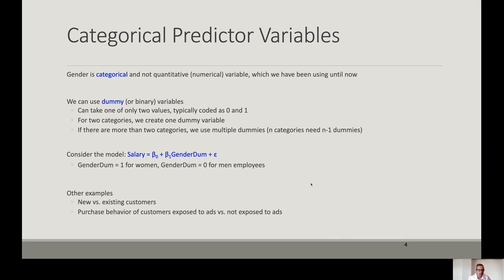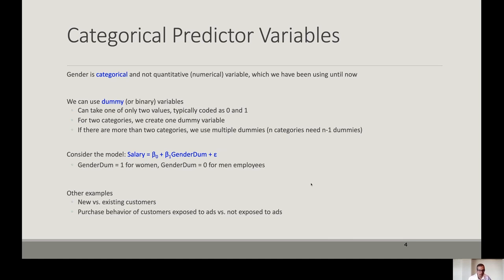Similarly, you can relate the purchase behavior of customers exposed to ads versus those not exposed to ads. Once again, the number of purchases is the y variable, and the x variable is a dummy variable which captures whether the customer is exposed to ads or not. Again, we can have a 0, 1 to capture that difference between the customer types.